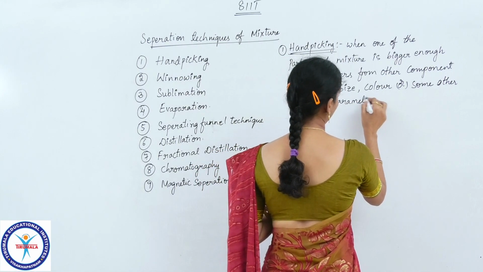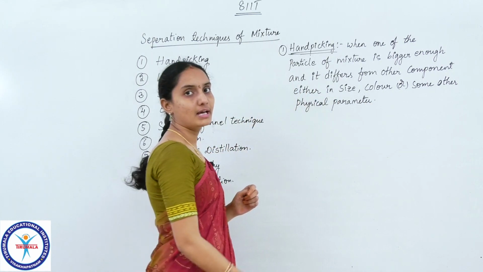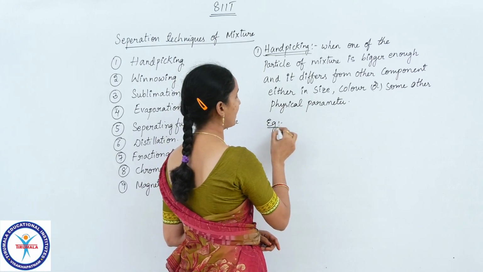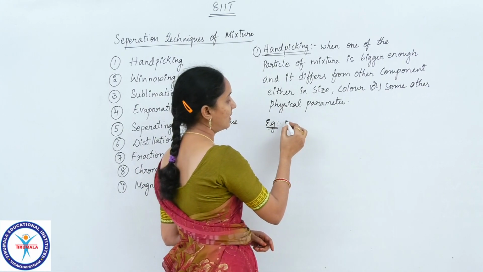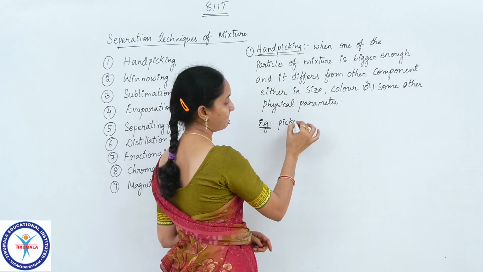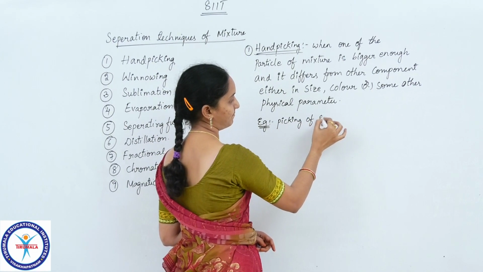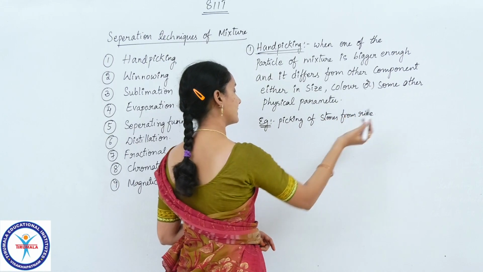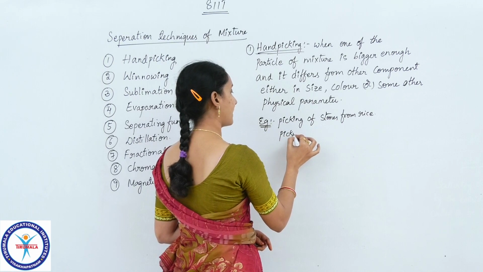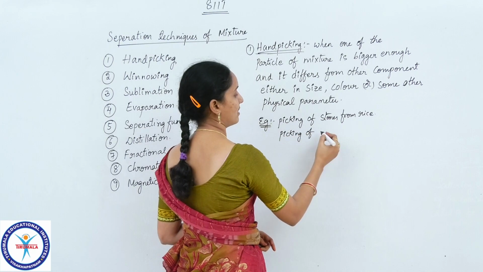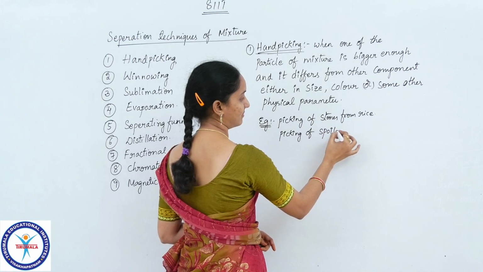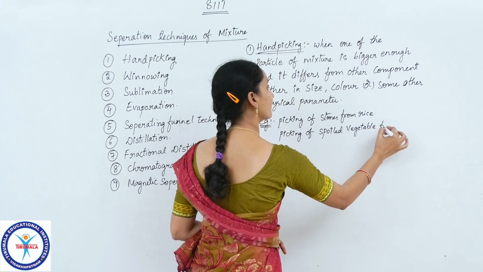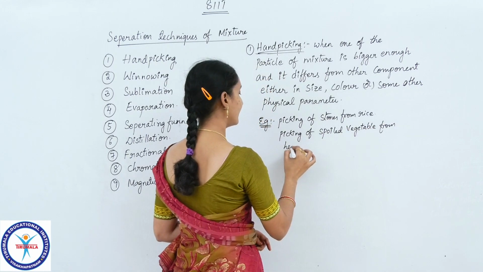In such a case, you can use hand picking. Examples of such mixtures are picking of stones from rice, and similarly picking of spoiled vegetables from healthy ones.